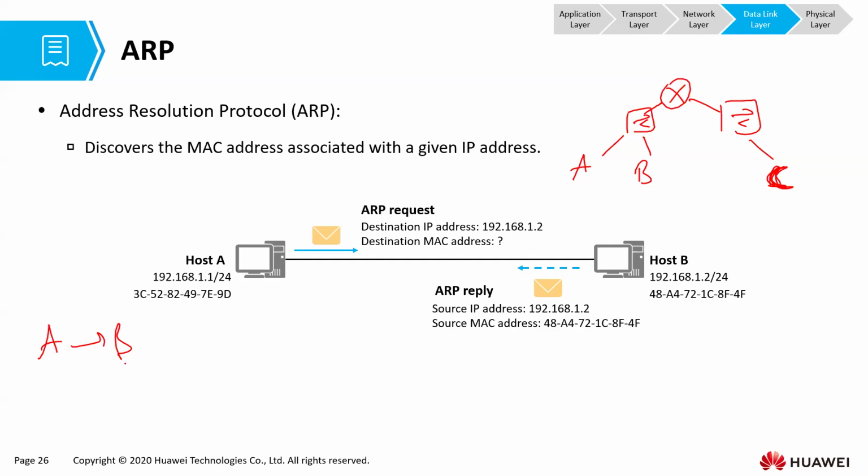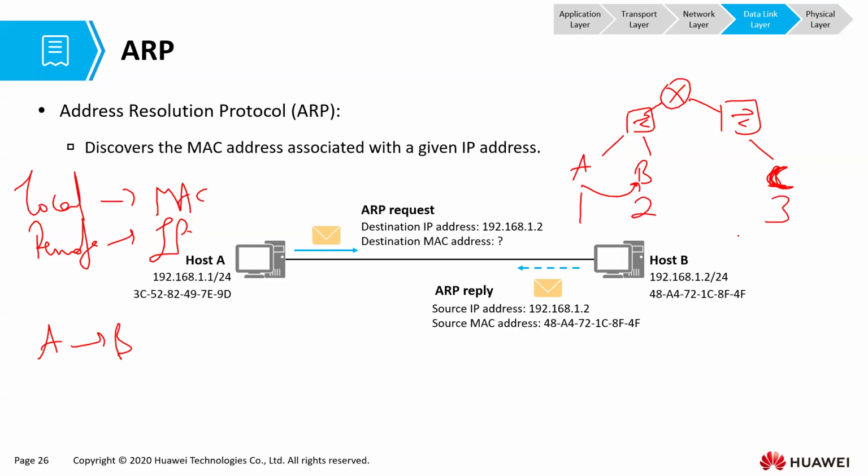If I assume my MAC addresses are A, B, C for my devices, and I also assume my IP addresses are 1, 2, 3. If I'm sending locally, the destination MAC address is the address of the destination device.